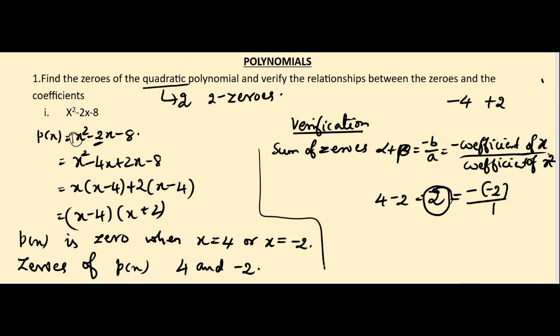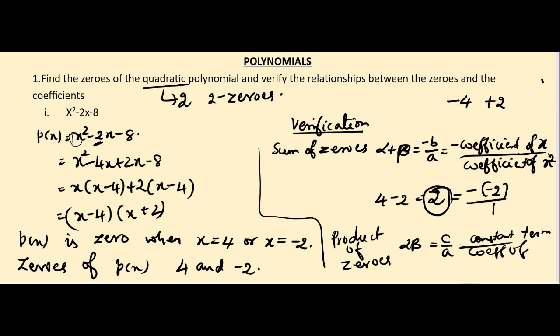Next, the product of zeros, alpha into beta. Alpha into beta is equal to c by a. c means the constant term and a means again the coefficient of x square.